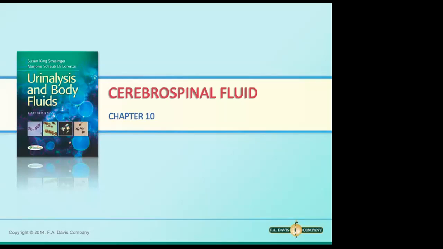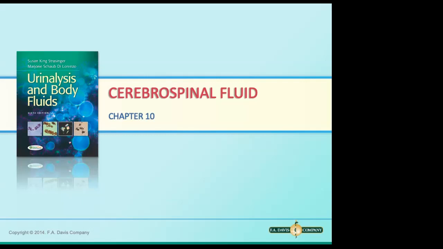Okay, so let's do CSF analysis. Again, this is chapter 10 in your book. I really do like the chapters for urinalysis. I actually enjoy reading these chapters, and I like the pictures in them. They're very helpful. Chapter 10 talks about cerebrospinal fluid, which is CSF.